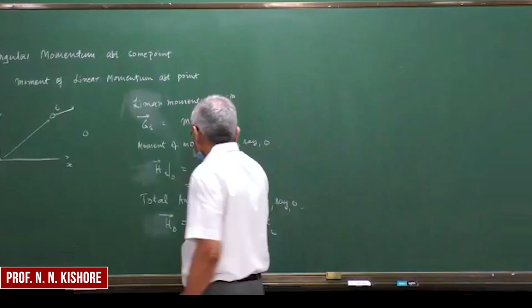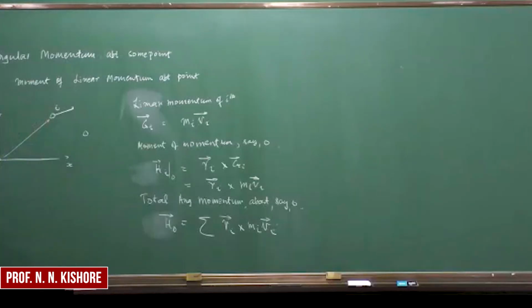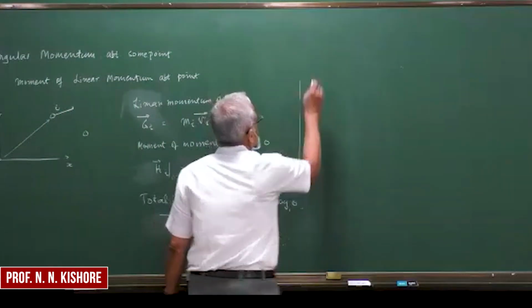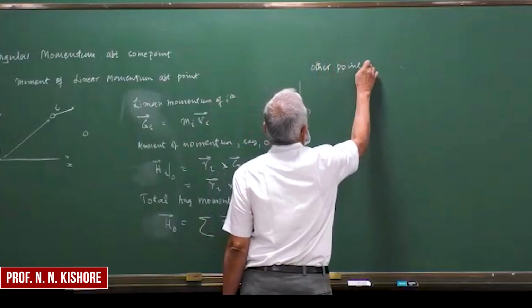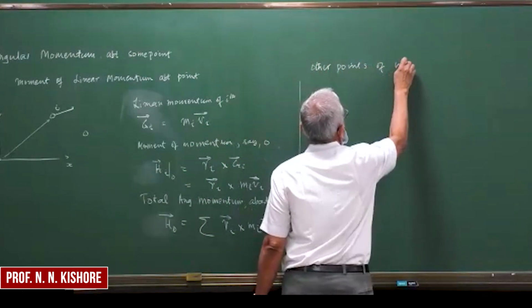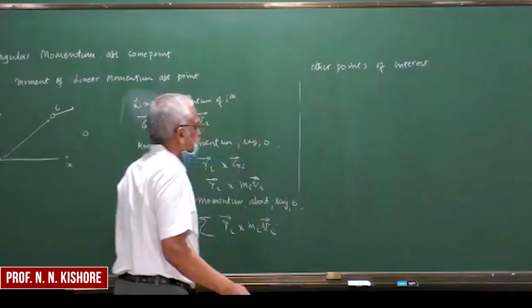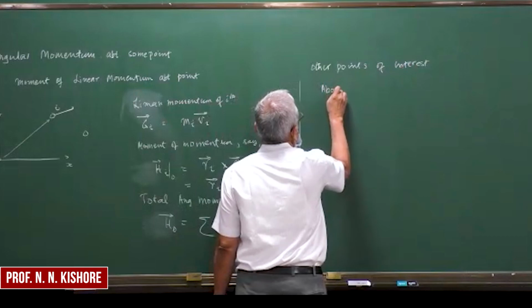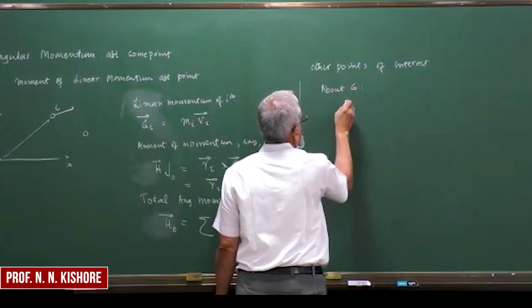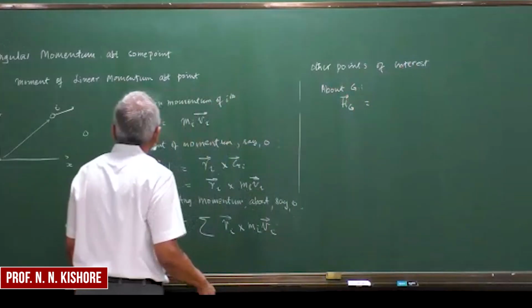And we can define this momentum not only about O; there are many other points of interest. So we can even write down the angular momentum about G, for example. We call it H_G.